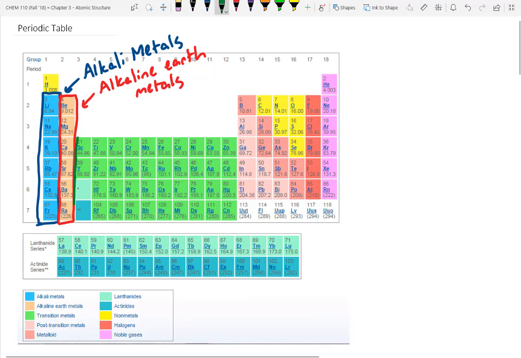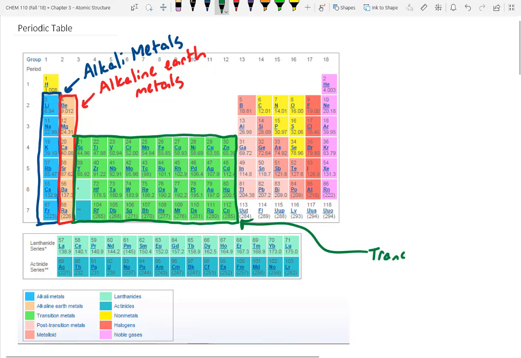These ones down here, we're not going to worry about too much for the time being. These are referred to as transition metals. And then the next block is kind of mixed. You can see we don't have columns of the same type of color. So instead we're going to switch all the way over here. These are group 7. These are referred to as halogens.